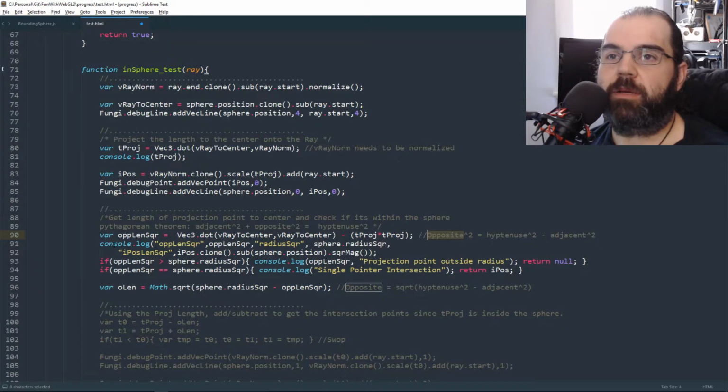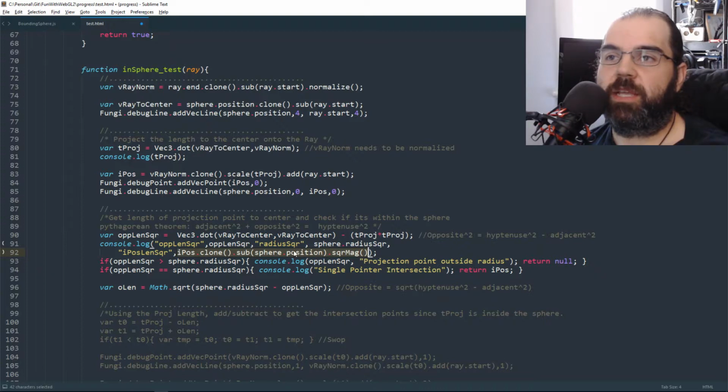Now, in our console log, I'm outputting the values so I can actually see what they look like. But I'm also showing you the way we normally do it. We have IPose. We make a copy of it, and then we subtract the sphere's position, and then we do a square magnitude.